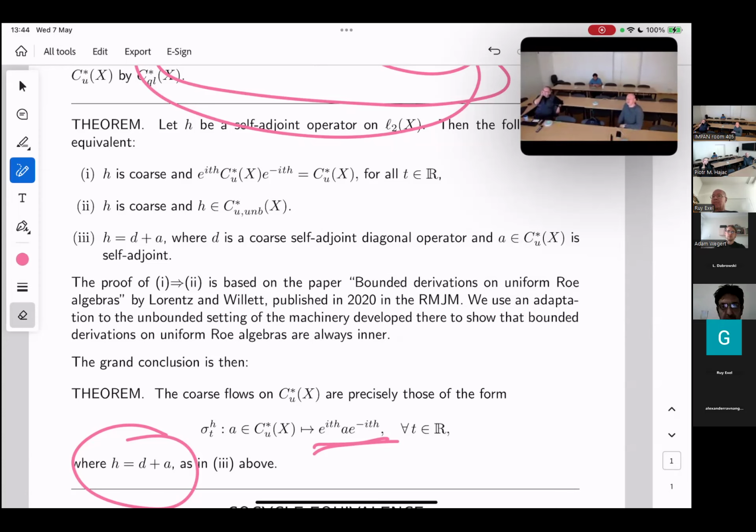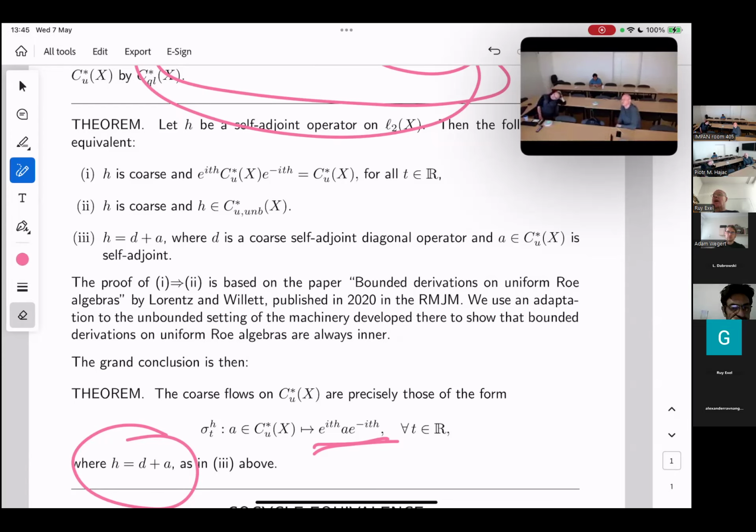So the intersection of these two classes of type D and type A is what are called self-adjoint diagonal bounded operators, and this is precisely L infinity. So this is precisely the non-uniqueness of this decomposition.